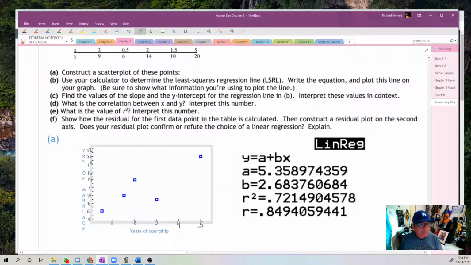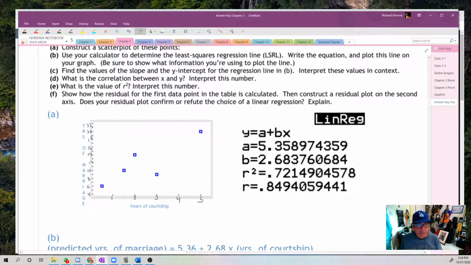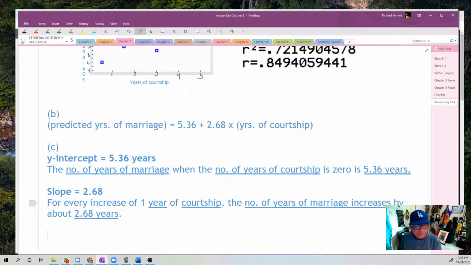Now, letter C is to interpret the values of the slope and the y-intercept in part B. We've already found them in this video, so I'm just going to quickly get to it. The number of years of marriage when the number of years of courtship is 0 is about 5.36 years. That doesn't read the best, but given the circumstances, we're going to have to be okay with that.